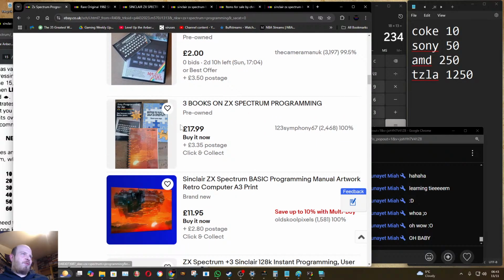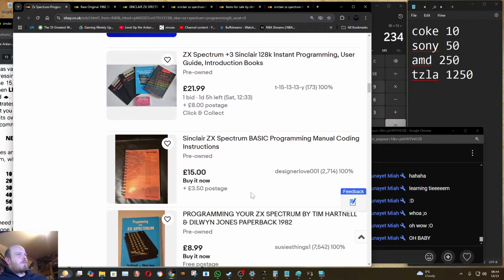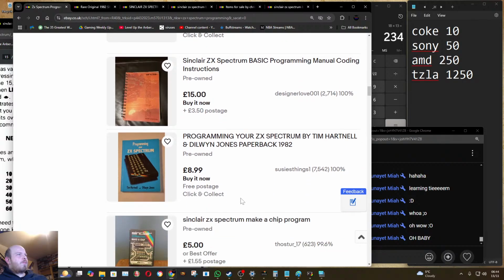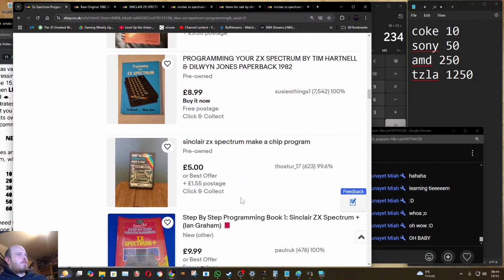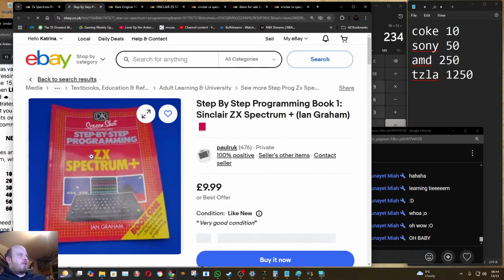This is 3 programming books for 17. That sounds like a good deal. Step by step how to do.